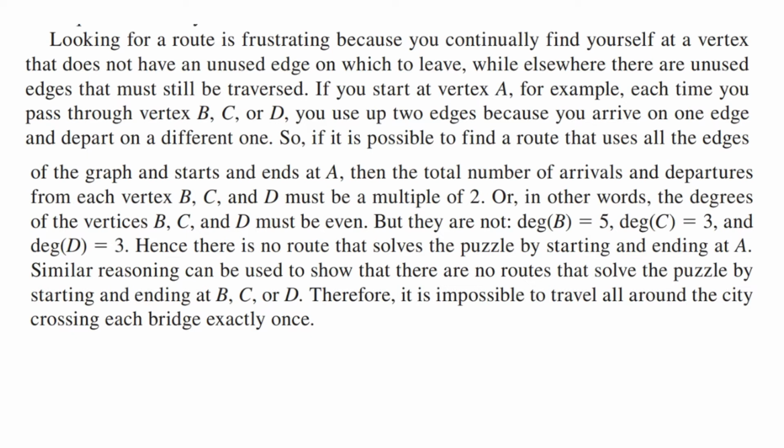The degree of B is 5, the degree of C is 3, and the degree of D is 3. Hence, there is no route that solves the puzzle by starting and ending at A. Similar reasoning can be used to show that there are no routes that solve the puzzle by starting and ending at B, C, or D either. Therefore, it is impossible to travel all around the city, crossing each bridge exactly once.